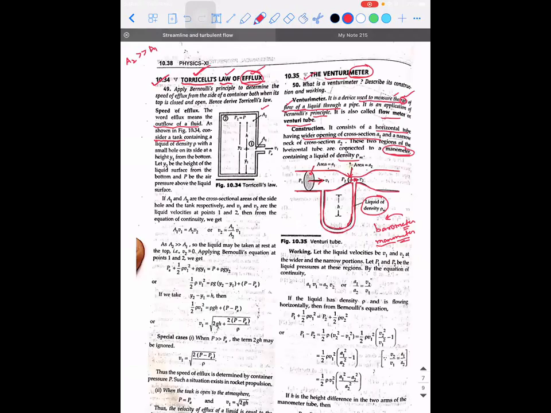The same logic is applicable here also. So what will be the pressure? Generally, it will be rho GH, where rho is the density of the liquid, G is the acceleration due to gravity, and H is the height difference.